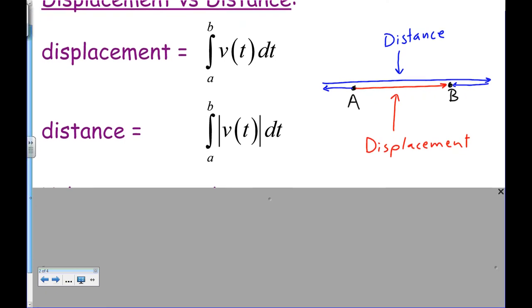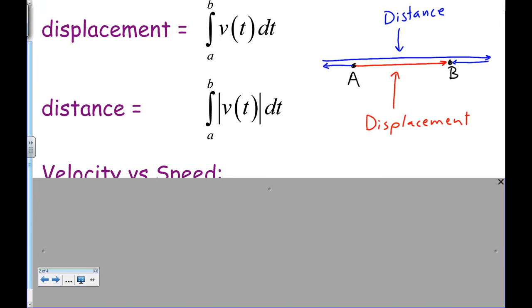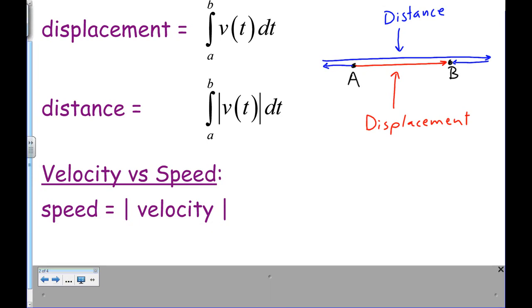And coupled with that is the relationship between speed and velocity. Speed and velocity are related, but speed is the absolute value of velocity. It's your velocity without direction. The direction of velocity is the positive or negative that comes along with it. In fact, up above, when we were talking about distance, distance was the definite integral from A to B of the absolute value of velocity.